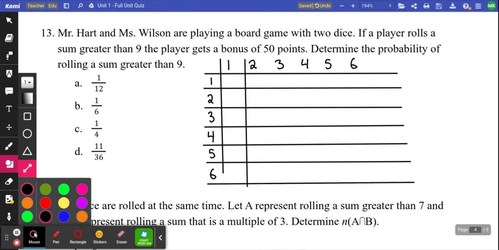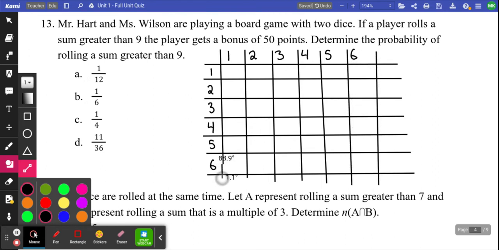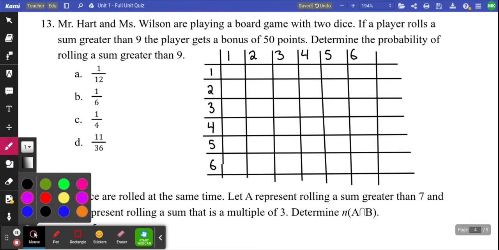We make our little chart. Inside every one of these boxes, I'm going to put what the two dice add together to be. So for instance, 1 plus 1 would be 2. All right, so you're going to add all of these boxes together to find all the possible outcomes that you could get.